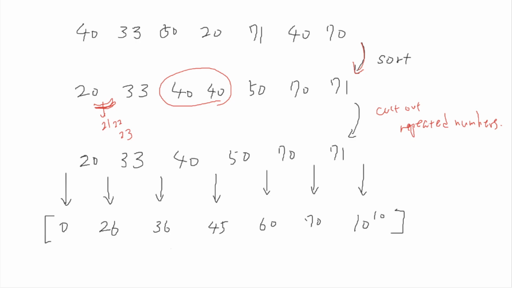Then we have a list, and then we should choose borders from each gap. Each gap. First we get 0, and then we get 26, 36, and so on.